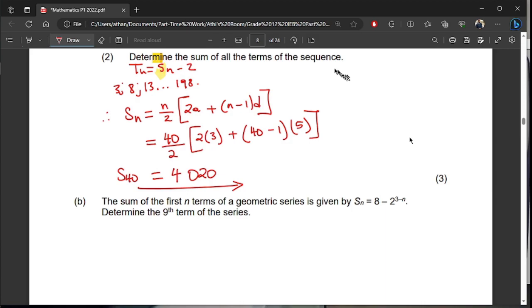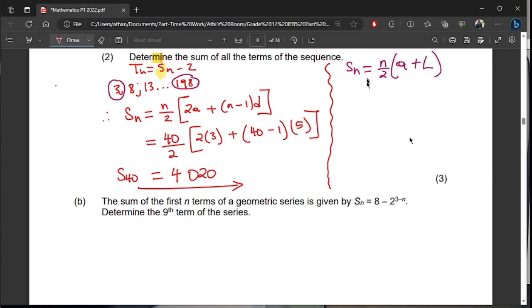There's another formula that you may use if you know the last term of the sequence. Just like in our case, because we know the last term is 198 and we know the first term is 3. Another formula would be Sn is equal to n divided by 2 bracket a plus the last term.